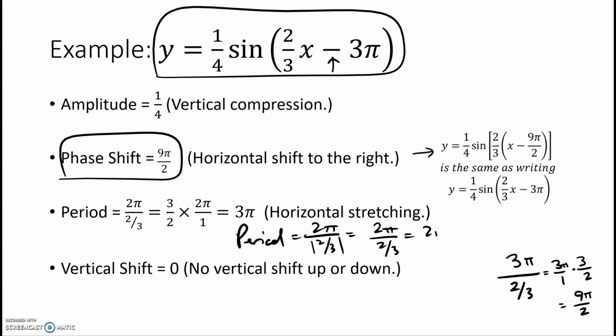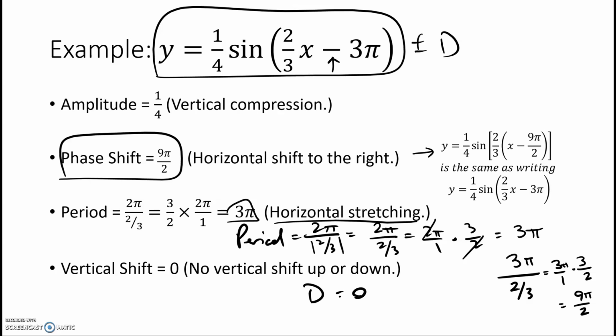That's going to be 2 pi over 1 times 3 over 2. The 2's cancel out, and I have 3 pi. So that means that I have horizontal stretching. And once again, we don't have a plus or minus some number, so that means that d is 0, or our vertical shift is going to be 0.